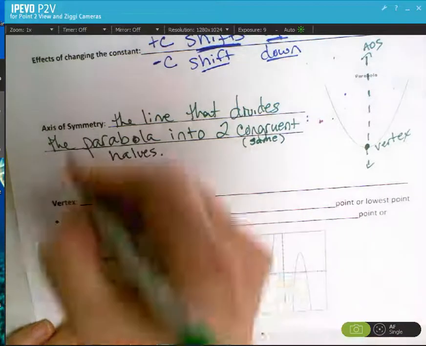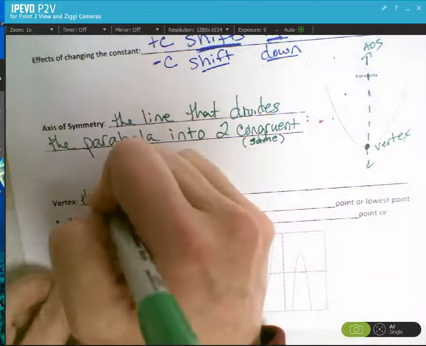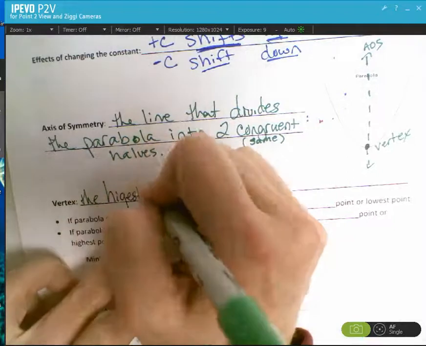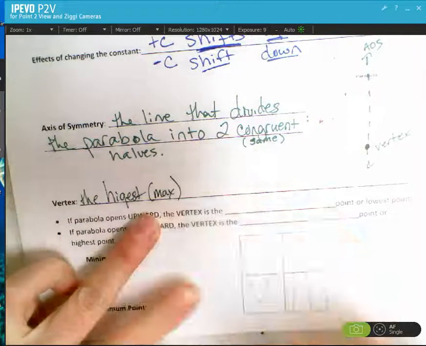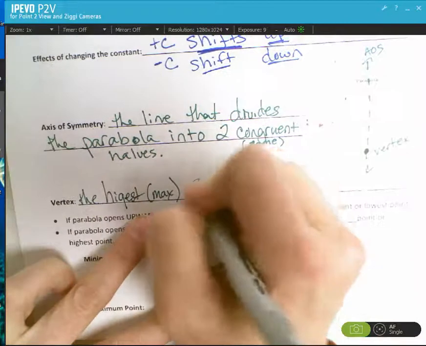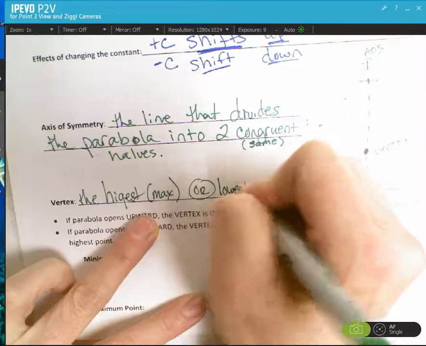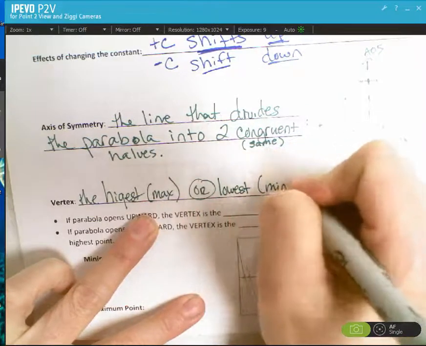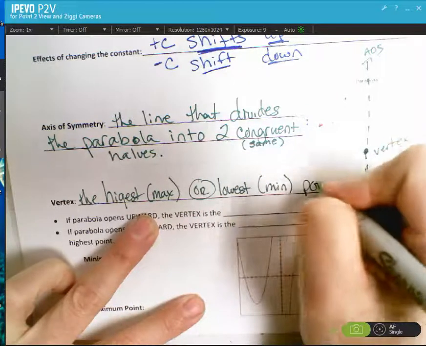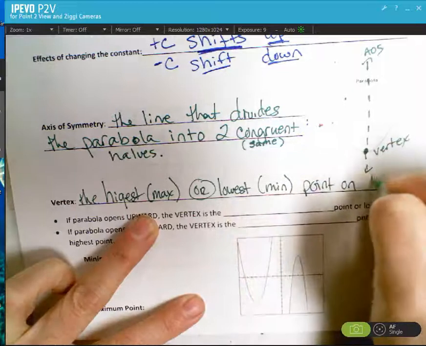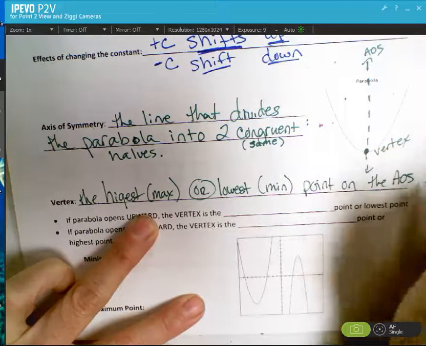So your vertex is the highest, or maximum, or lowest, also known as minimum, point on the axis of symmetry.